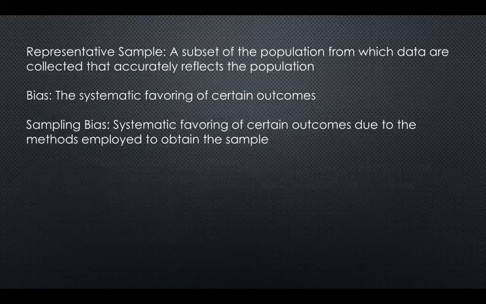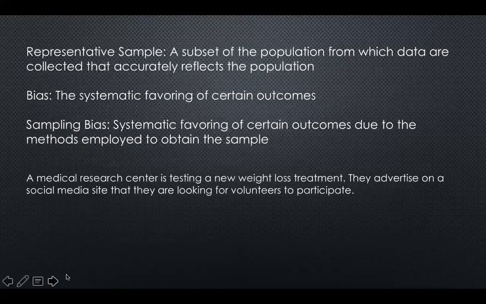Bias is a systematic favoring of certain outcomes, so sampling bias is favoring certain outcomes due to the method that you take to obtain the sample. So sometimes the way that we use to find cases or to find data that we collect is not always random and is not representative of the population that we're trying to make inferences about.